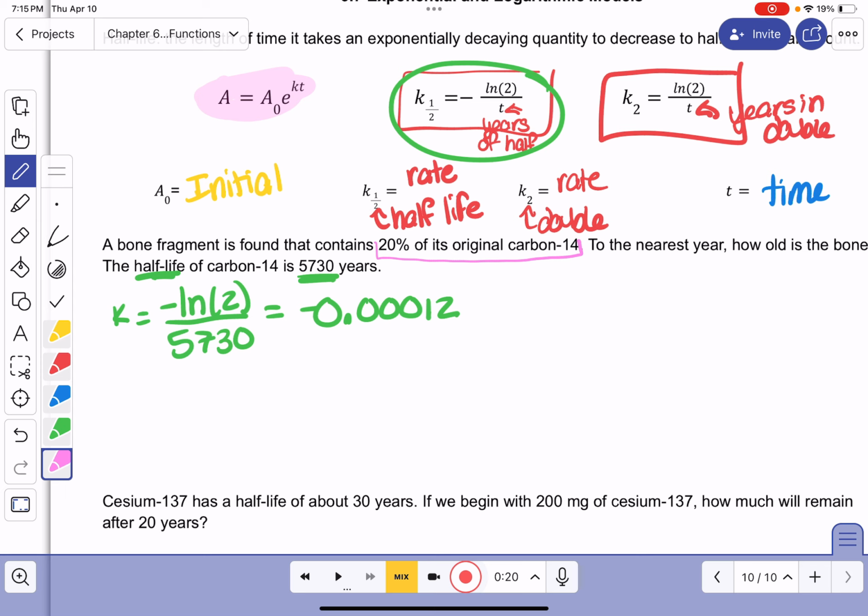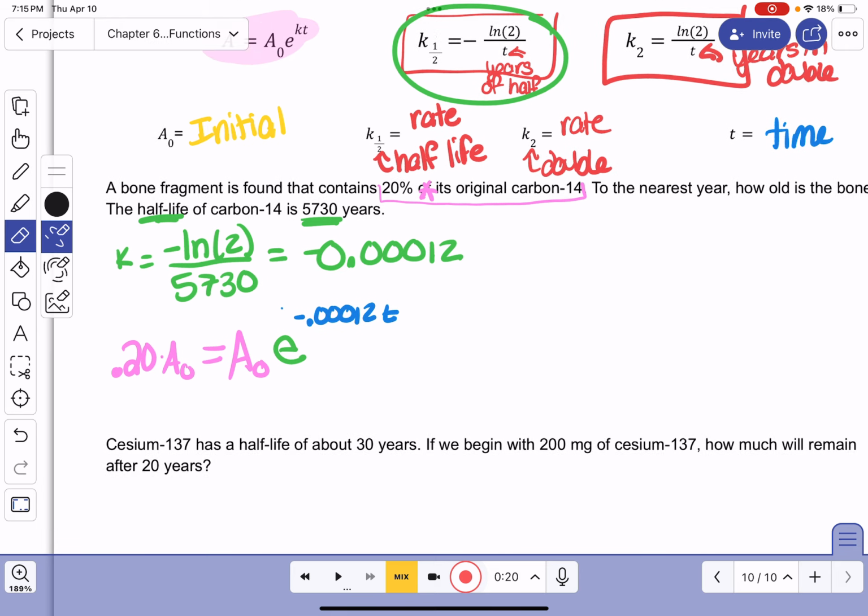We don't know what the original is, so we're going to still leave A0. And 20% of that is like saying 0.20 times A0. So of always means times. So it's 20% times the original equals the original. Then we have our E. And then in the exponent, we put the K we just found times T.